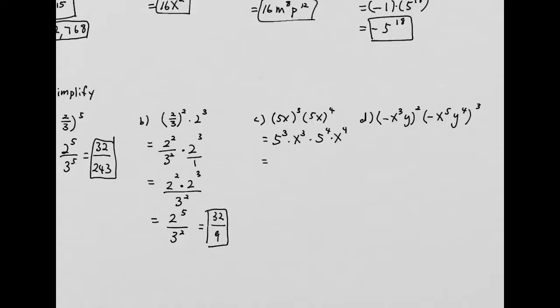And multiplication order does not matter, so let's put the like terms together. So then you can do multiplication by like terms, which is going to be adding the exponents. So it will be 5 to the 7 exponent and x to the 7 exponent.